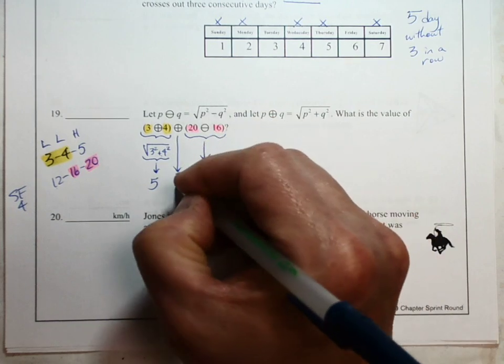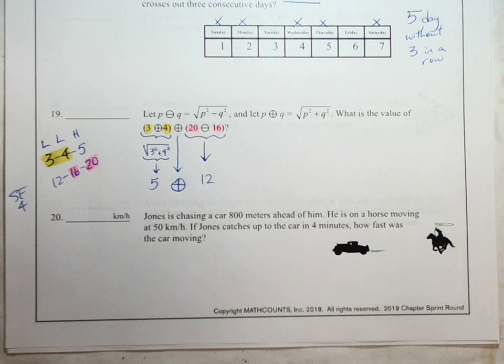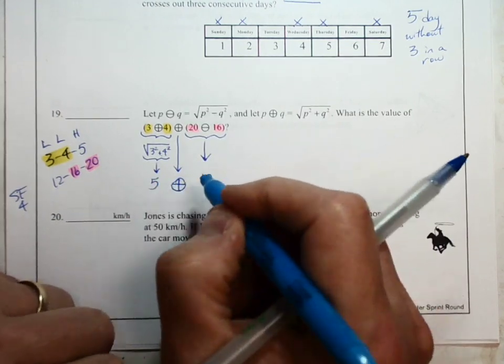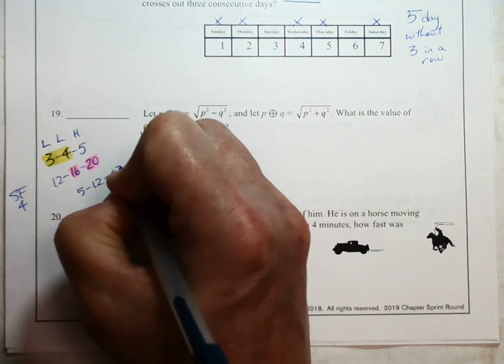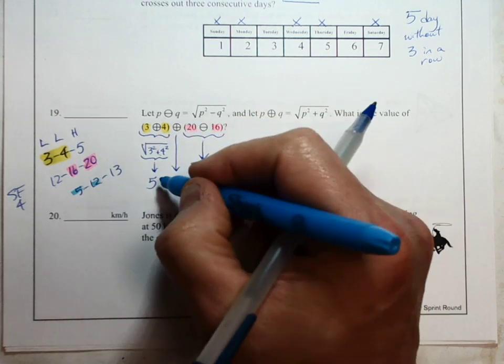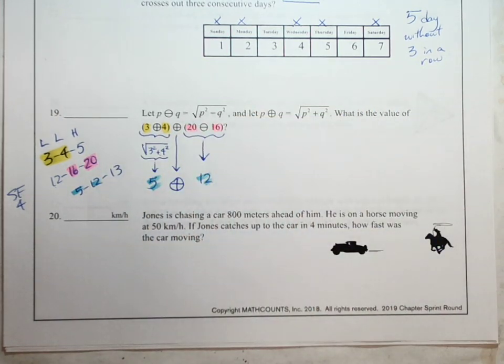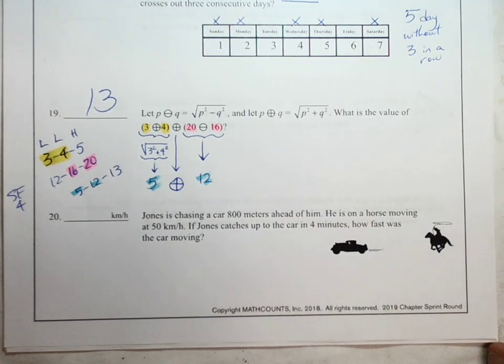And so now, what do I notice here, which is even more cool? I was going to say cooler. I guess I could say cooler, because what I notice about 5 and 12. Oh, that's the two legs to another famous right triangle, the 5, 12, 13 right triangle.